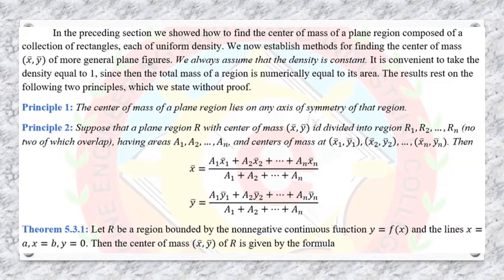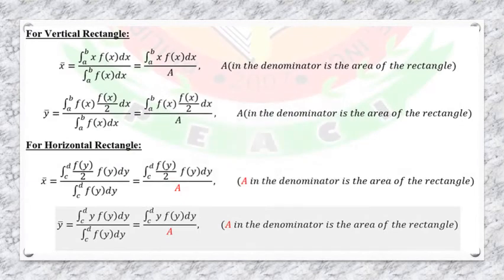For Theorem 5.3.1, class, let R be a region bounded by the non-negative continuous function y equals f of x and the lines x equals a, x equals b, and y equals 0. Then the center of mass (x bar, y bar) of R is given by the formula. Okay, so magkakaiba yung formula na gagamitin natin dito.